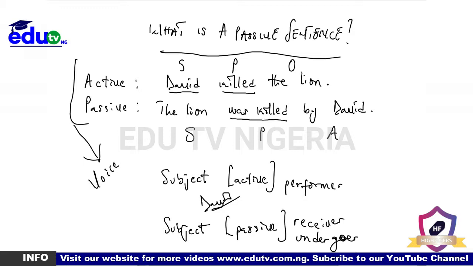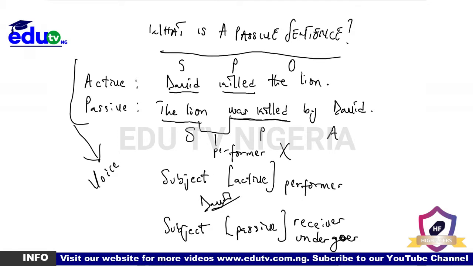What is the predicator or what's the action? Was killed also, am I right? Exactly. And then what's the subject? The lion. Now if I ask you what was killed, what would your response be? The lion, am I right? Exactly. However, the lion here is not the performer of this action. The lion here is not a performer of the action.